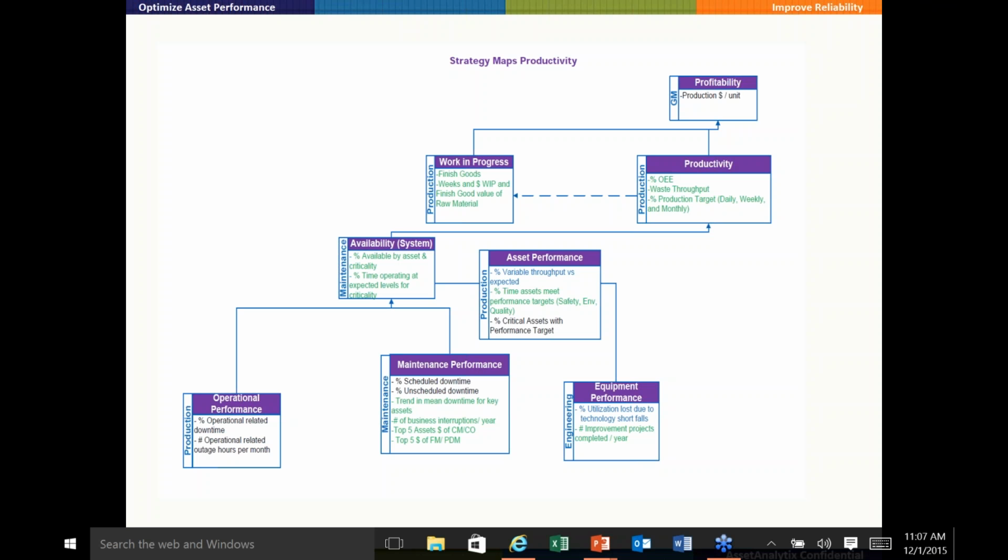And then as you can see, if I start moving and I look at production, I'm looking at productivity, I'm looking at OEE, I'm looking at waste, throughput or quality, production, and then again I keep drilling down, and I can develop a scorecard or a hierarchy of my metrics that are aligned all the way at the top, but also can be taken down to the areas that support what makes that lagging indicator.